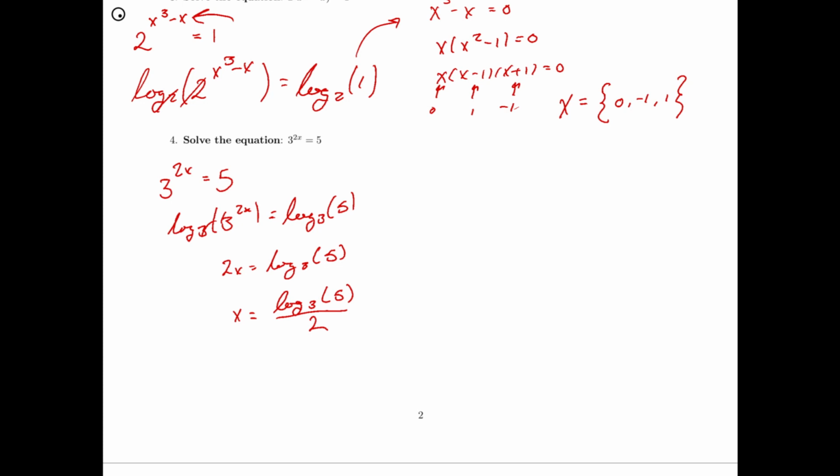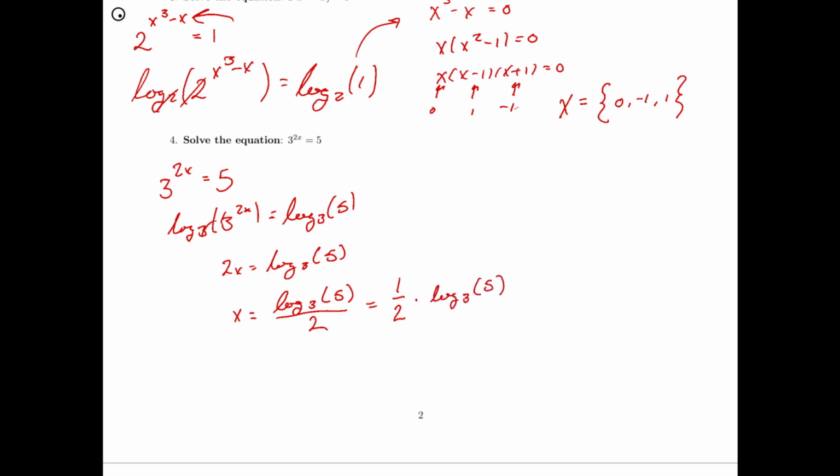Now, the one common thing you'll see is it's very common to convert to the natural base. And so we're going to use that change of base formula as before. So we can think about this as not 2, I'm sorry. We can think about this as 1 over 2 times log base 3 of 5.